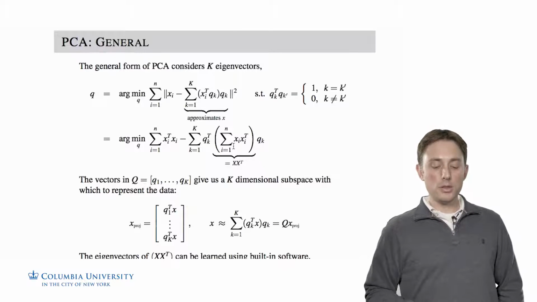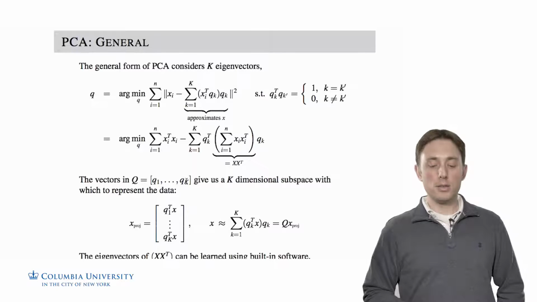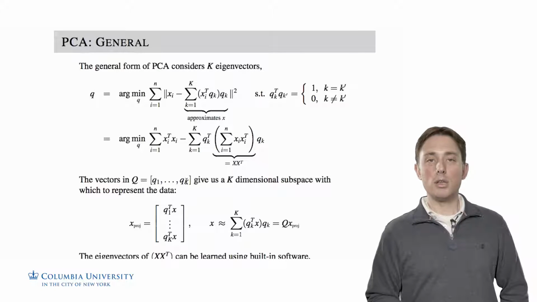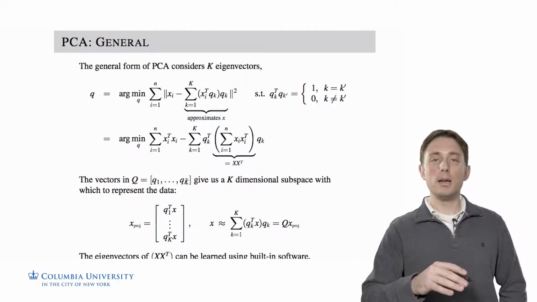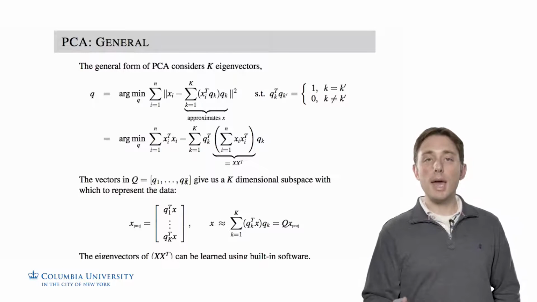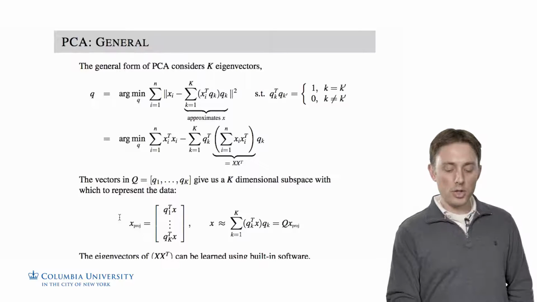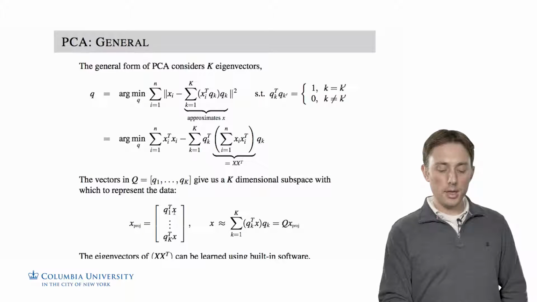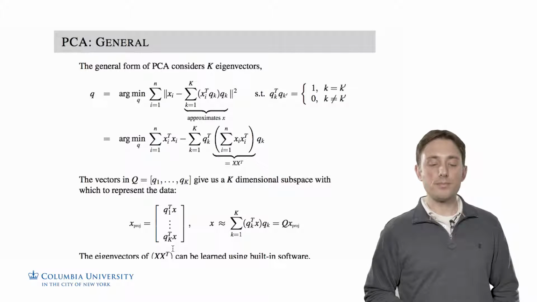And now these k different vectors give us a k-dimensional representation of our data. So now we've taken the original data and reduced the number of dimensions to k, where the projection that we get of the data from the higher dimension is simply represented by taking the dot products of the data with each of these vectors q.